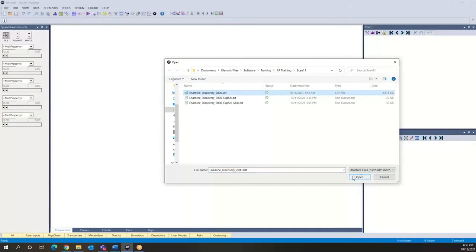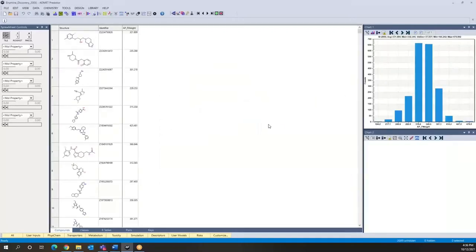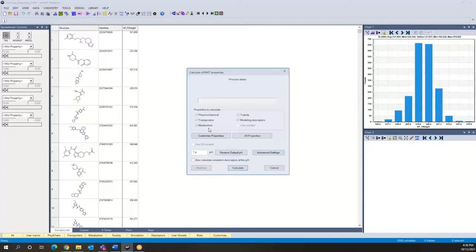So I took a 2,000 compound subset, which should be sufficient for the purpose of our work today. I just opened this SDF file, and the first thing we're going to do is to calculate physicochemical properties for these compounds. In order to do this, we're going to go into Data and Calculate ADMET Properties.